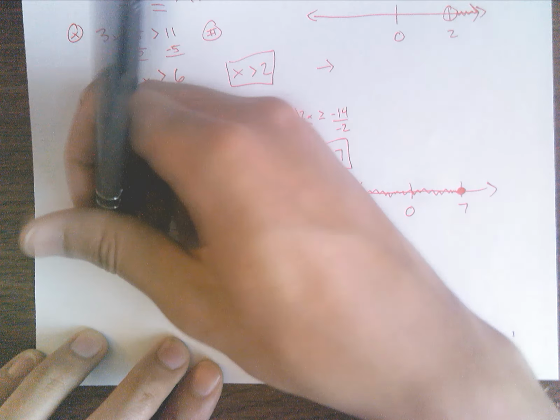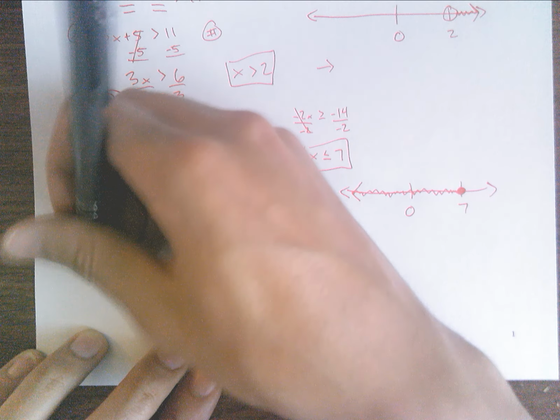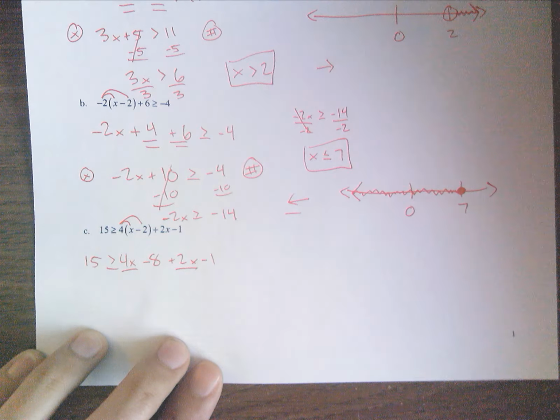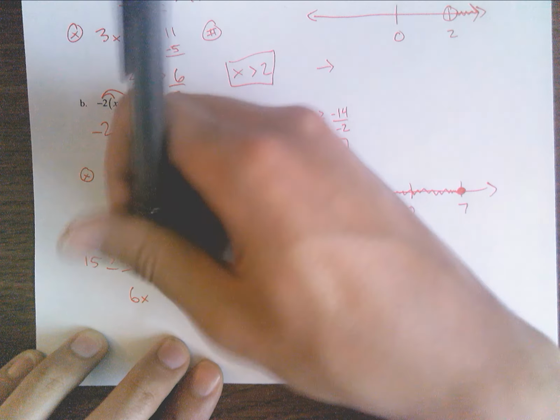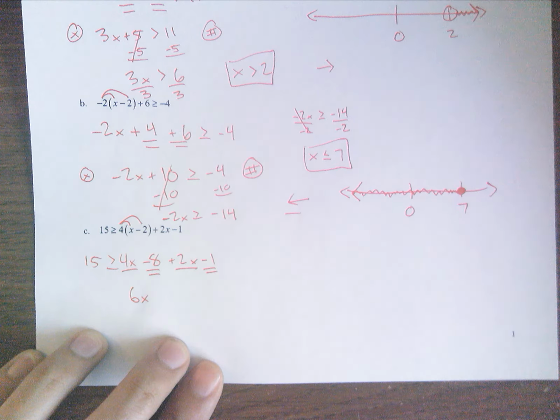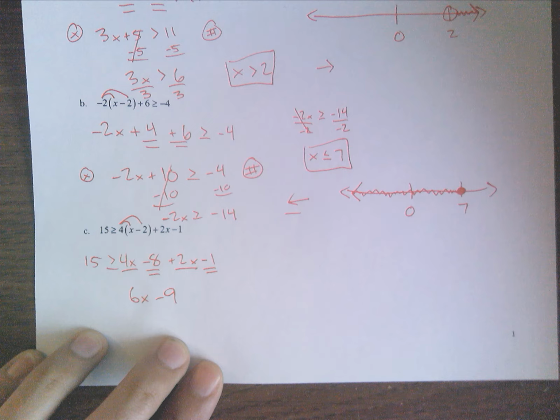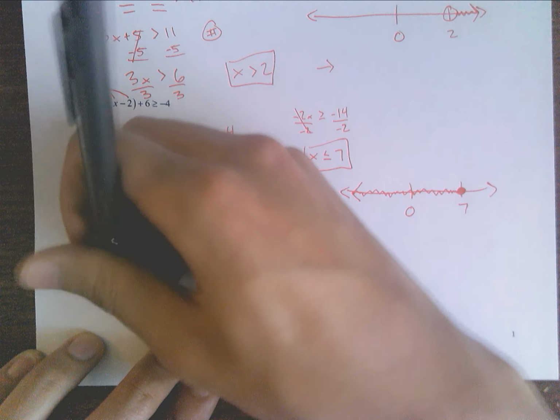We'll bring down our inequality and our 15. All right, next step is to combine like terms. I see we've got a 4x and a 2x. That gives us 6x. You see we have a negative 8 and a negative 1. That gives us negative 9, so minus 9. We'll bring down our inequality and our 15.